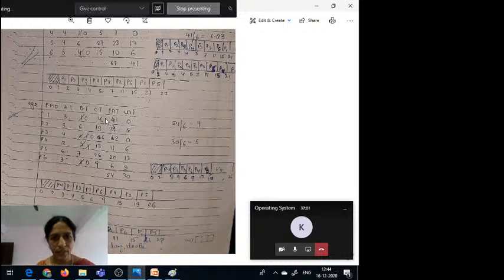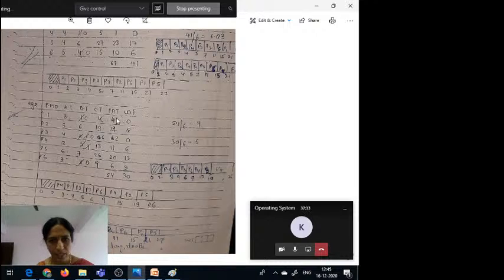Next, first take the completion timings: P1 4, P2 19, P3 6, P4 13, P5 26, P6 9. Then find the turnaround timings, that is completion time minus arrival time: 4 minus 3 is 1, 19 minus 5 is 14, 6 minus 4 is 2, 13 minus 2 is 11, 26 minus 6 is 20, 9 minus 3 is 6.